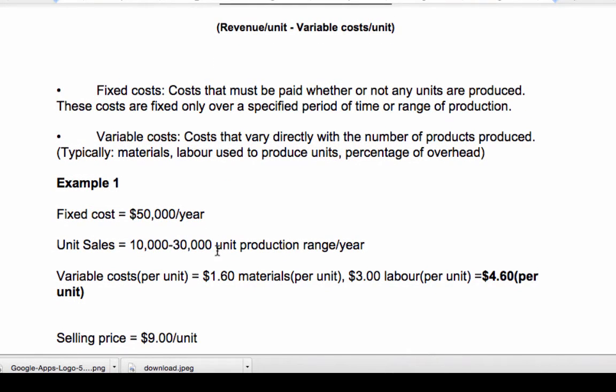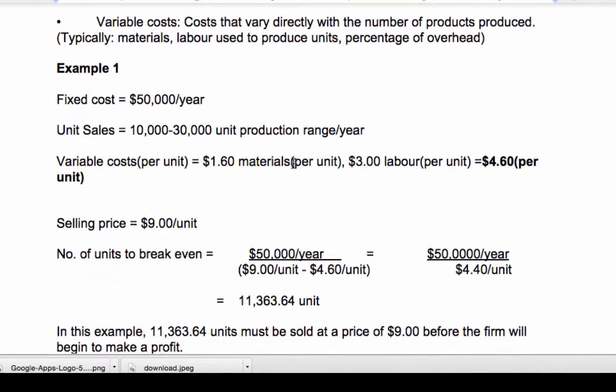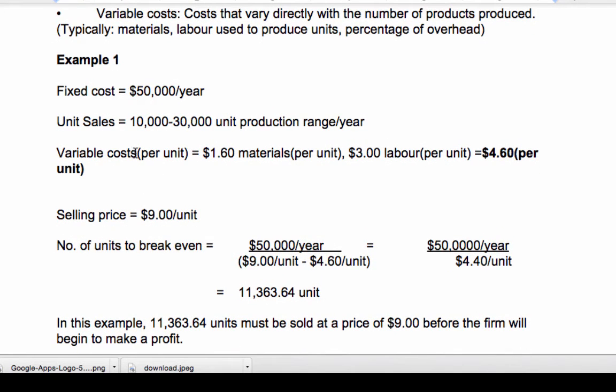Here's a high-level example. So example 1 is a company has total fixed costs of $50,000 per year. So this is all their hydro, their lighting, their salaries of their office employees, things like that. And they typically sell between 10,000 and 30,000 units of their product per year. So let's assume their variable cost. So this is how much it costs to make 1 unit of their product.